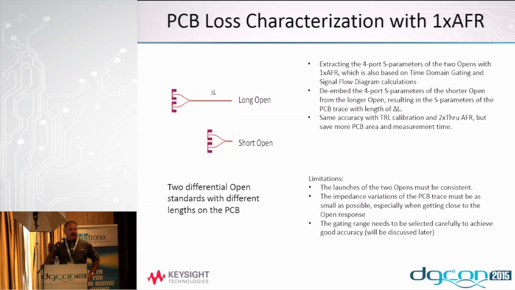And I can measure S11, or in this case with the differential structure, SDD11, differential return loss. And from that one measurement, I can extract SDD22, SDD12, and SDD21. So both differential return loss, forward and reverse, differential insertion loss, forward and reverse, and that gives me the full 2x2 matrix that I need to form a model of the test fixture.